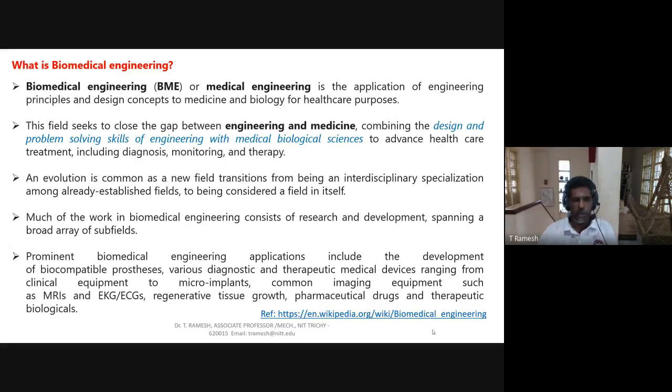See, the prominent biomedical engineering applications include the development of biocompatible prostheses, various diagnostic and therapeutic medical devices ranging from clinical equipment to micro implants, common imaging equipment such as MRIs, EKGs or ECGs, regenerative tissue growth, pharmaceutical drugs, and therapeutic biologicals.